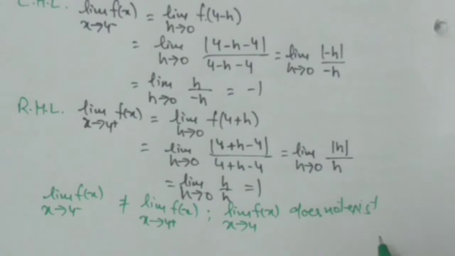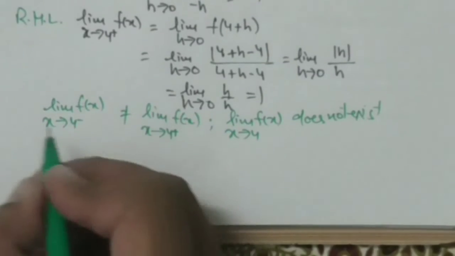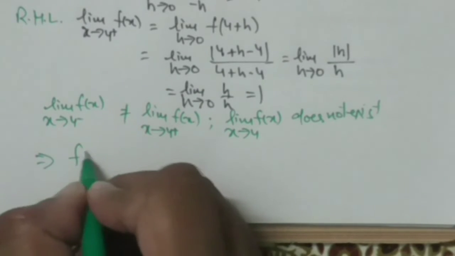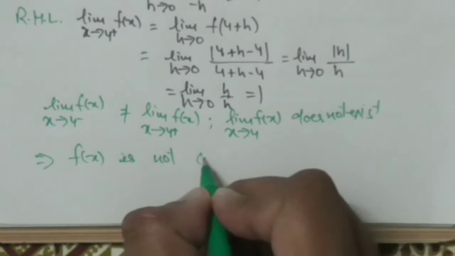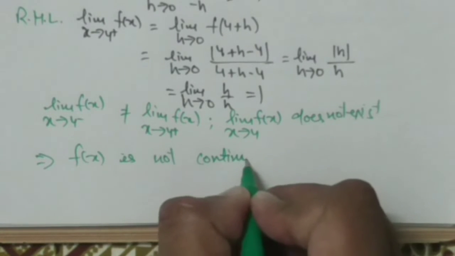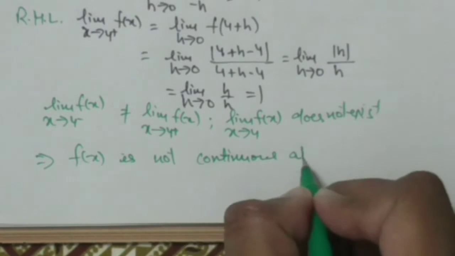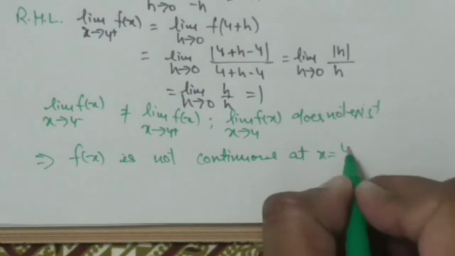What does it mean? It means that the limit of f(x) as x tends to 4 does not exist. So it implies that function f(x) is not continuous at x is equal to 4.